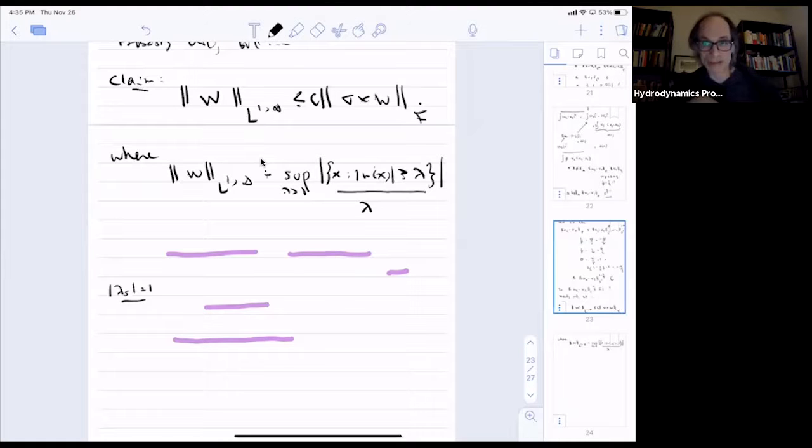But one can easily write down functions, say in R3, like 1 over x cubed, that will belong to the space L1 infinity but will not belong to L1. In particular, the vorticities we consider, and the velocity fields, decay exactly like x cubed. And so these will fail to be in L1. The decay is too slow to be in L1, but they will be in this Lorentz space L1 infinity.